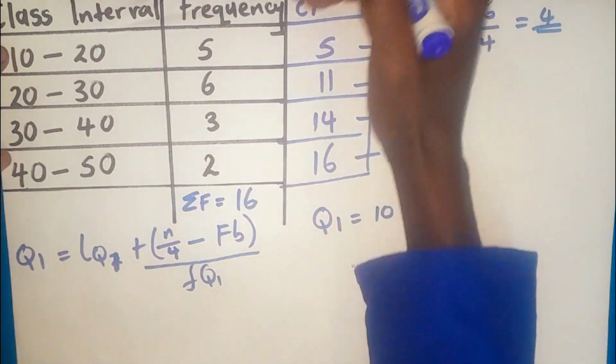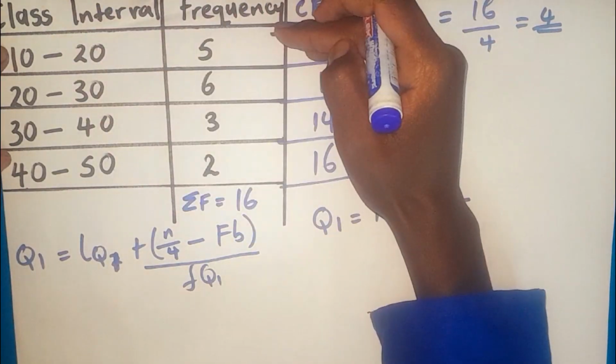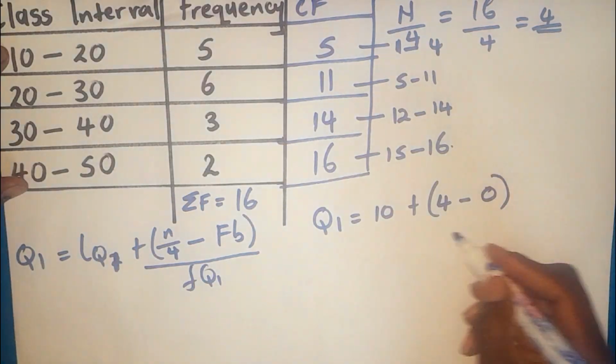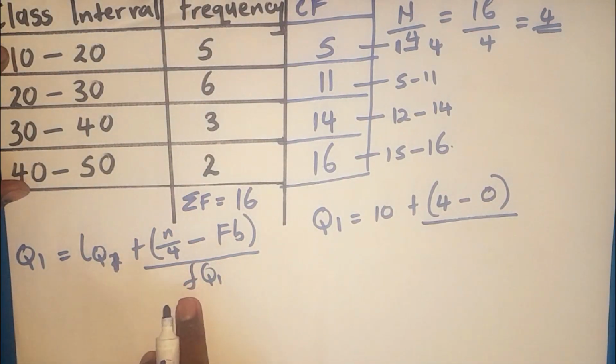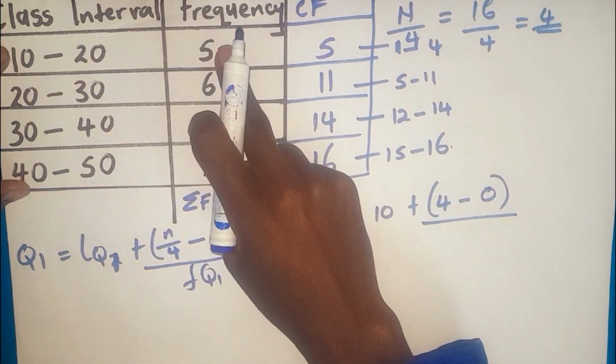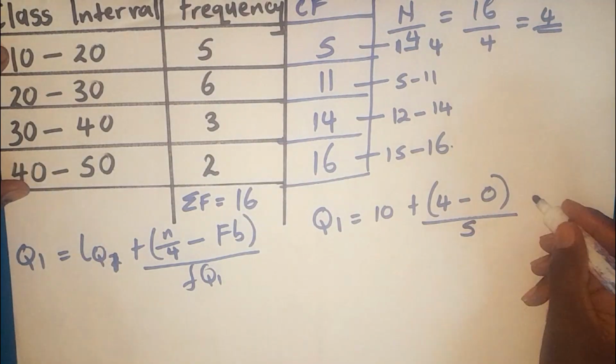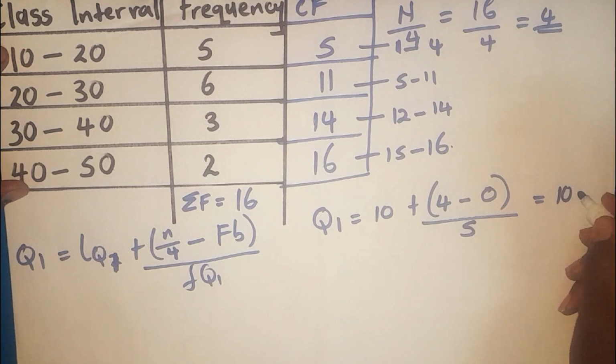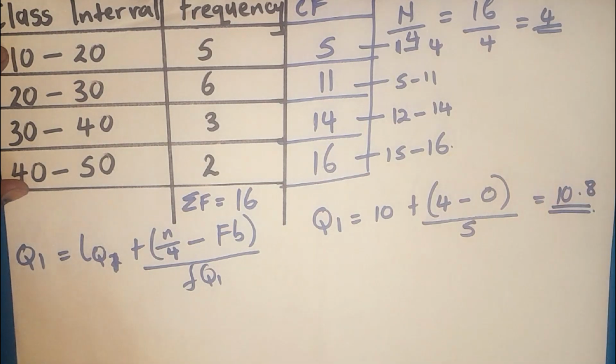Here we do not have a class before it, therefore FB is equal to 0, over the frequency in the first quartile class, which is 5. So our answer is 10 plus 4 over 5, which gives 10.8. So 10.8 is our first quartile.